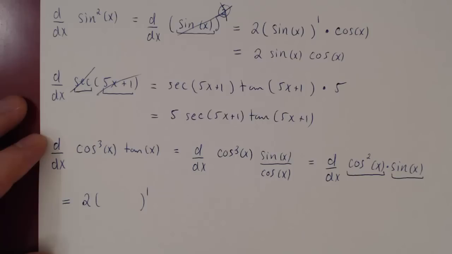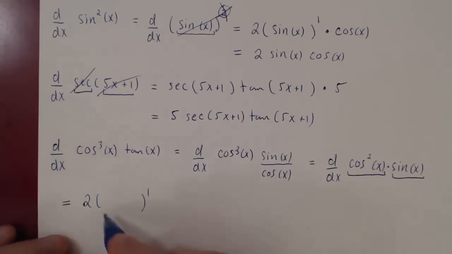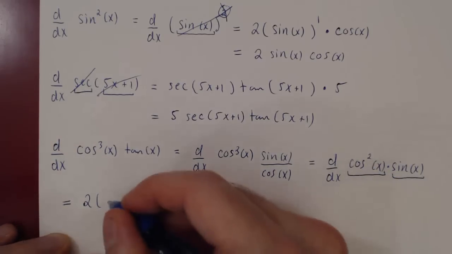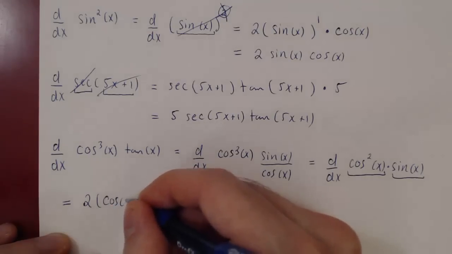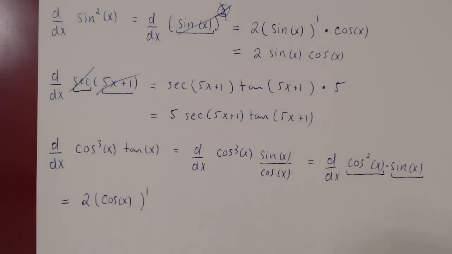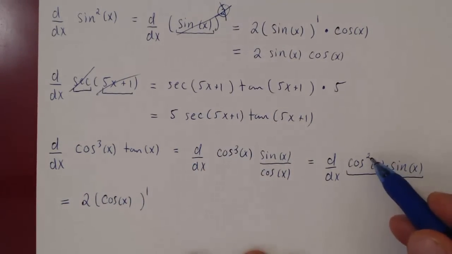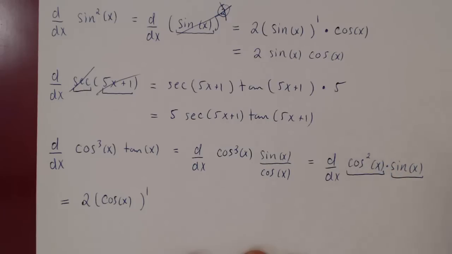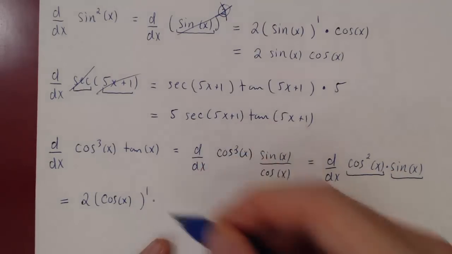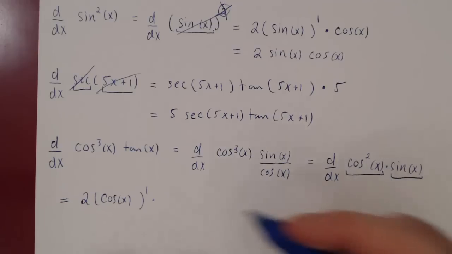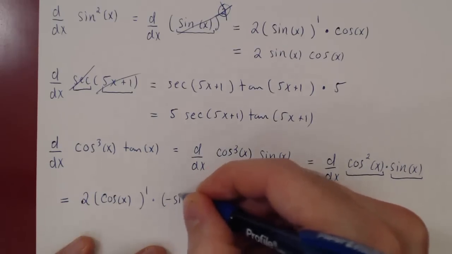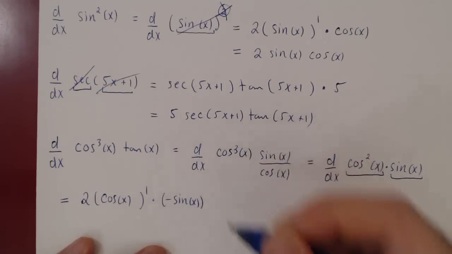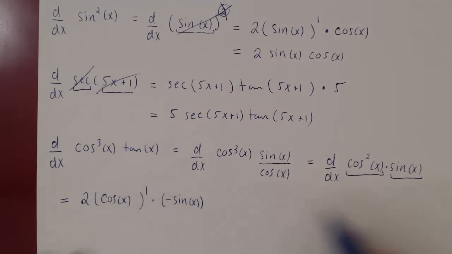Subtract from the exponent. 2 minus 1 is 1. Of what? Of cos of x. But that's just the derivative of the power 2. So complete the chain rule times the derivative of cos of x, which is negative sine of x. And that's just the derivative of the first function, cos squared of x.